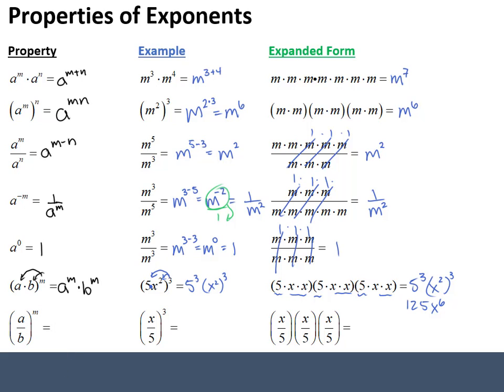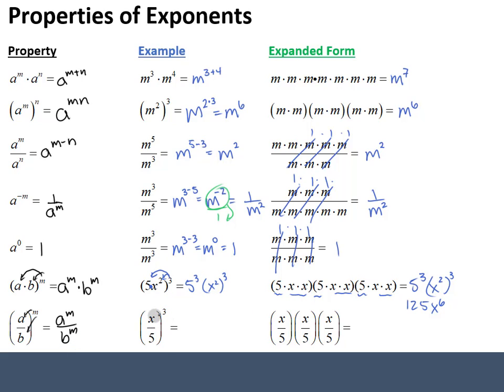Okay, the second property down below, I'm just going to quickly go through this. Just like it's true for multiplication, it's true for division. So we can also distribute our exponent over division. Okay, and you can combine these two properties. If there's just multiplication and division, then the exponent gets distributed to everything.